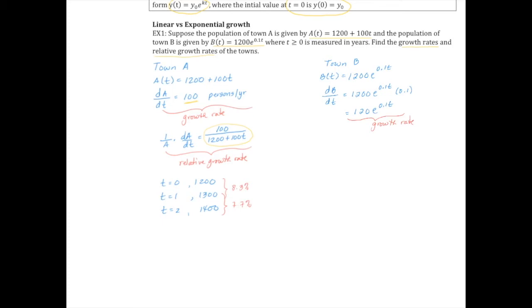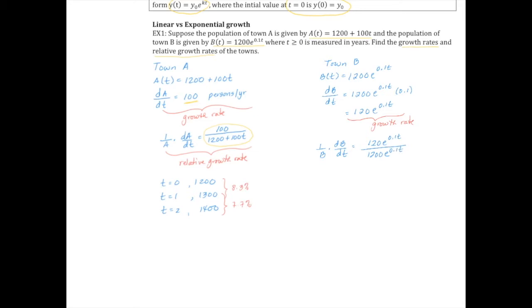And then our relative growth rate, which is the percent change in the population from year to year, is just our growth rate divided by our function. So it's going to be 120 e to the 0.1t over 1200 e to the 0.1t.